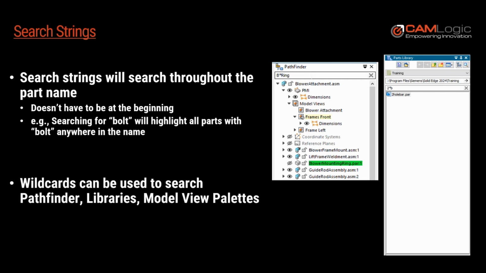Additionally, in the Pathfinder libraries, model view palette, and a couple of other search bars, you will be able to use wildcards or an asterisk, and this will help you do more complex searches.